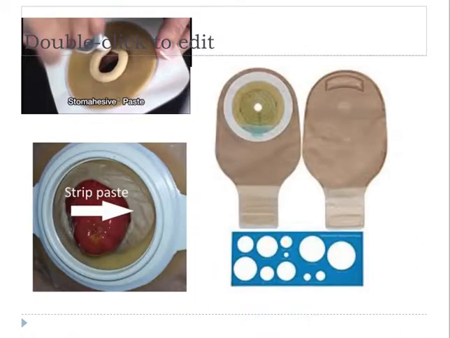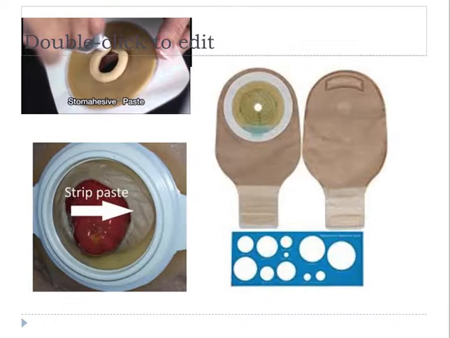Moving along to that, there are many different appliances that we can use to cover an ostomy. The most important thing is that we start with clean, dry skin. Ideally, that skin would be all around the same height and intact.